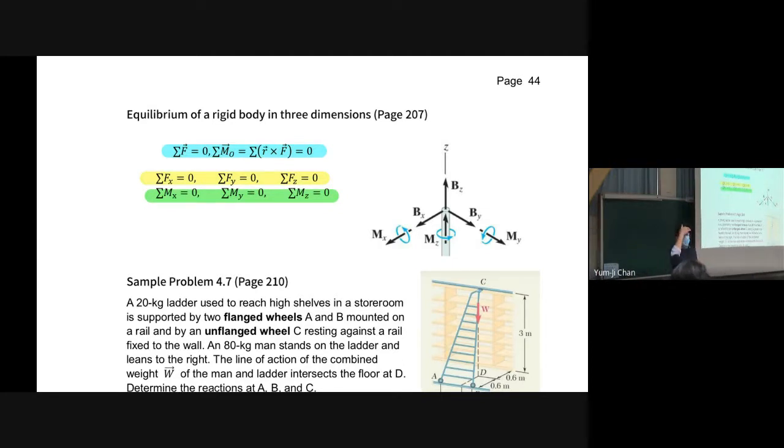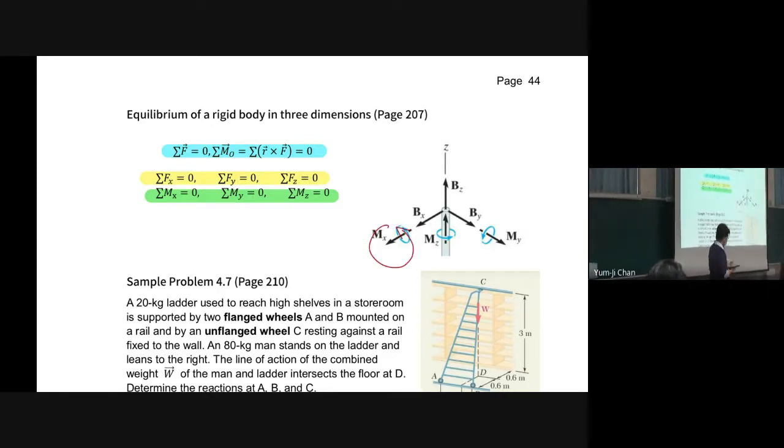And remember, some of us have made a mistake here. Let me take an example. If the moment we calculate is in this direction, and we want to draw the moment vector of this rotation, we need to follow the right hand rule.